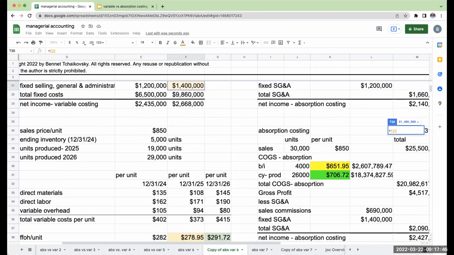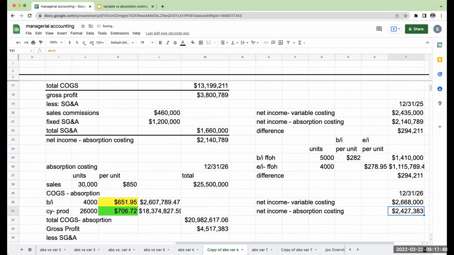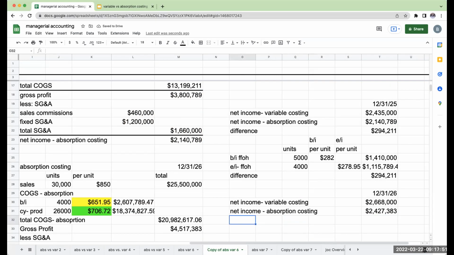My net income under variable costing was 2,668,000, for a difference of 240,617. Let's see if we can identify where this difference is coming from.